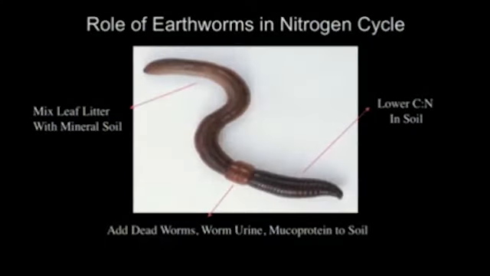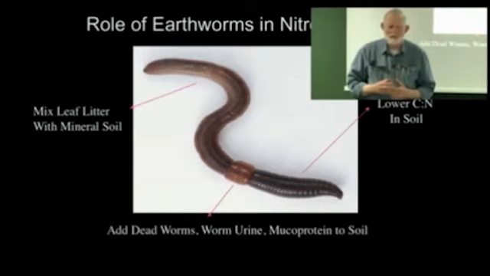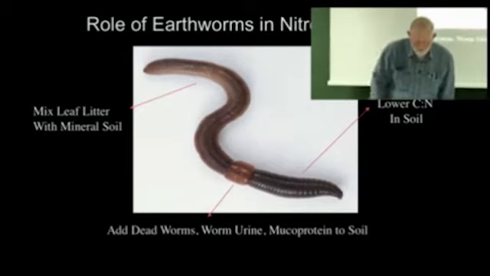One is they bring leaves down from the surface of soil into the ground, and they consume that leaf material, but they're not very efficient consumers in that they pass a lot of leaf material through their digestive system back into the soil. Now, that material is broken down, so its surface to volume ratio is much lower than the original leaf litter, and this facilitates then bacterial and fungal action in further breaking this material down.